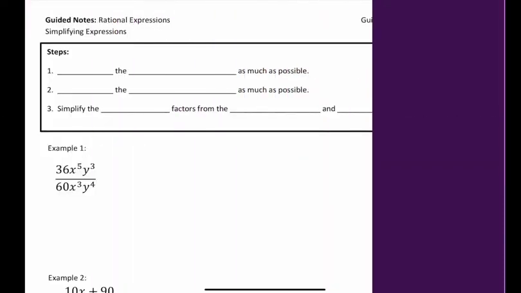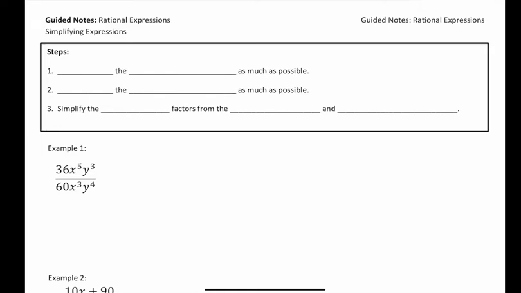All right, let's go over a few housekeeping things before we get too deep into this. The key word here is going to be factoring. You're going to want to factor the numerator as much as possible, and this is maybe a little repetitive, but factor the denominator as much as possible.